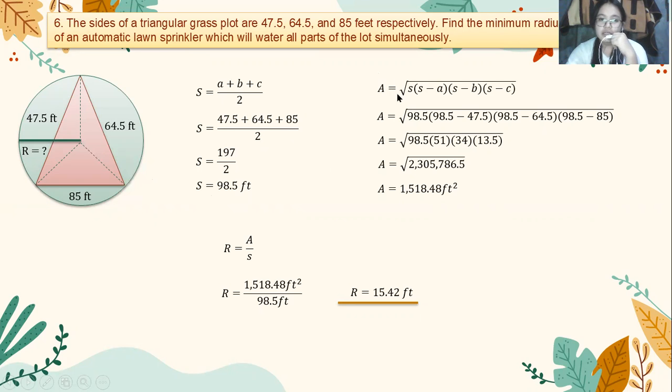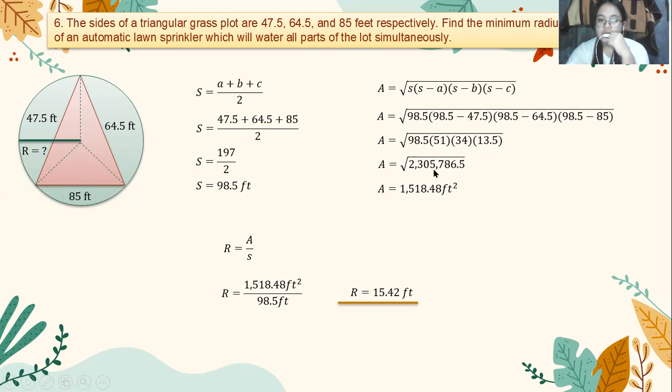And we will get the area. So we have the square root of s times s minus a times s minus b times s minus c, which is the square root of 98.5 times 98.5 minus 47.5 times 98.5 minus 64.5 times 98.5 minus 85. If we subtract all the numbers inside the parentheses, we will get the square root of 98.5 times 51 times 34 times 13.5.